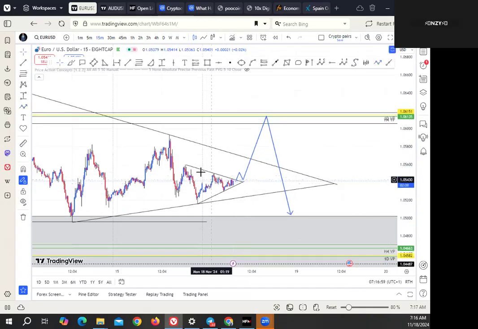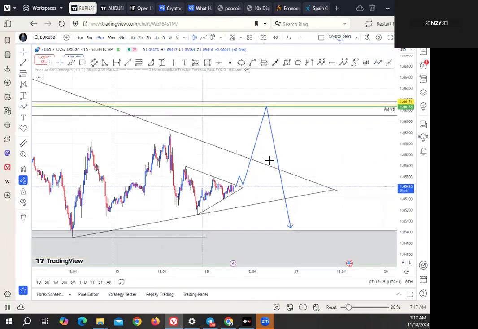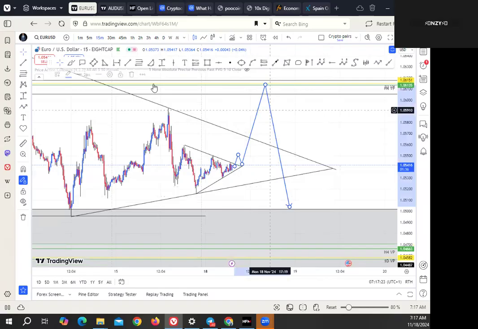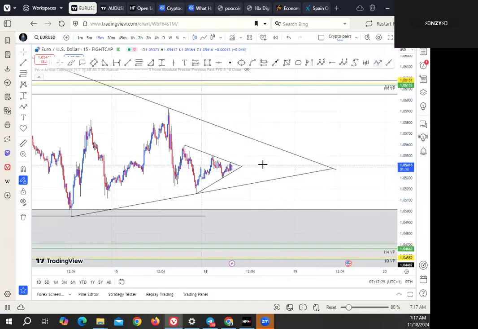If the market breaks the 15 minutes descending wedge to the upside instead, although it's not the actual pattern that is meant to play out, we're going to see the market come towards this particular supply zone. But if the market breaks the descending wedge to the downside, we're expecting it to come towards this demand zone.